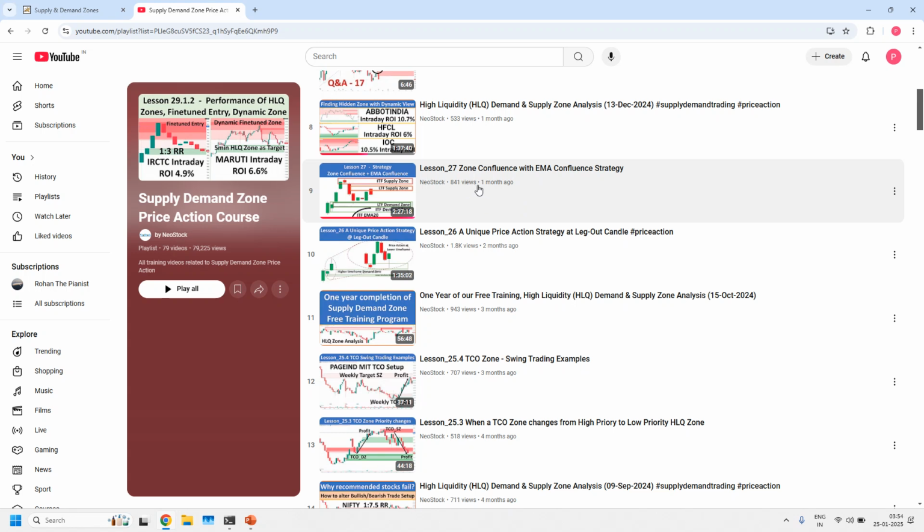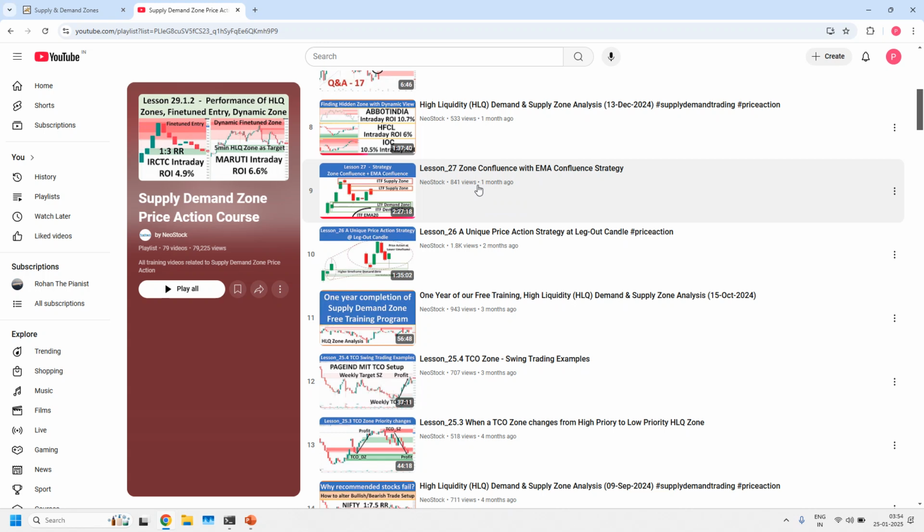That means lesson 23, lesson 24 and lesson 27. All the 3 lessons you must complete. Then only you will be making use of NeoStock software generated reports. Without completing those lessons, if you are directly planning to take the trades, sometimes you will be making mistakes. That's why the prerequisite is you must complete your training course until lesson 20.